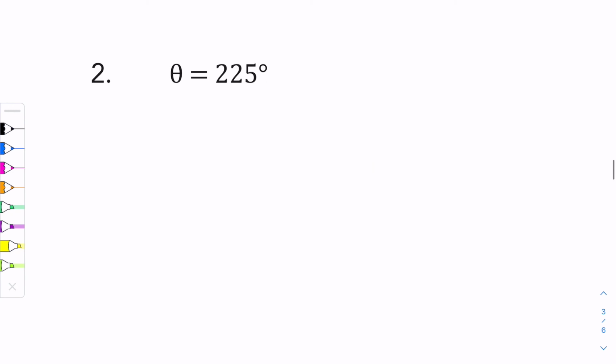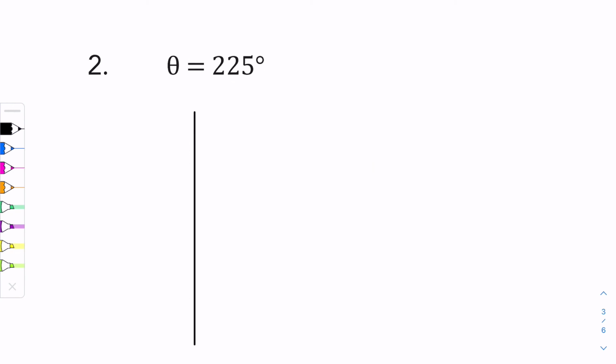Okay, next we're going to look at the angle of 225 degrees. So same thing, we're looking to find our sine and cosine value of 225. So I'm going to start by sketching the coordinate plane, and I'm going to sketch 225 degrees, which lies 45 degrees past 180.